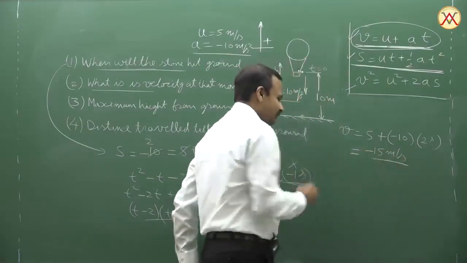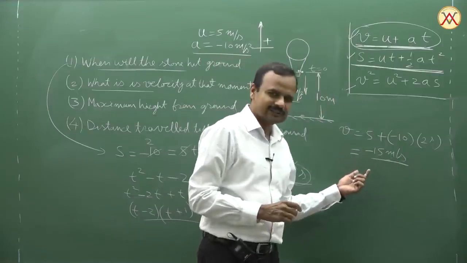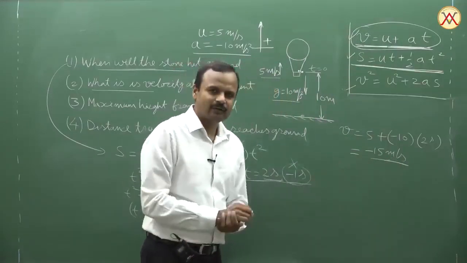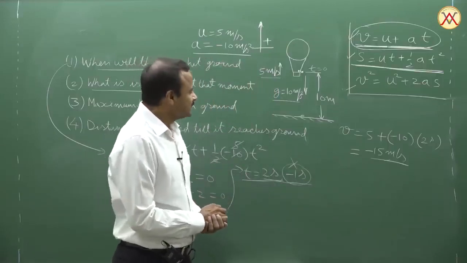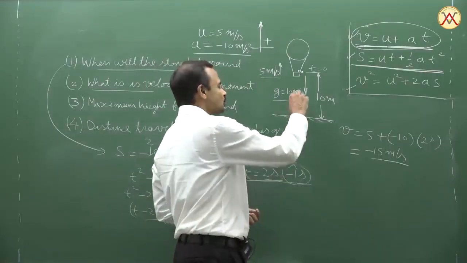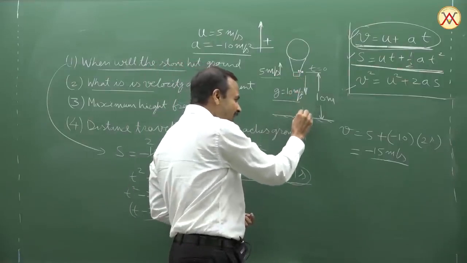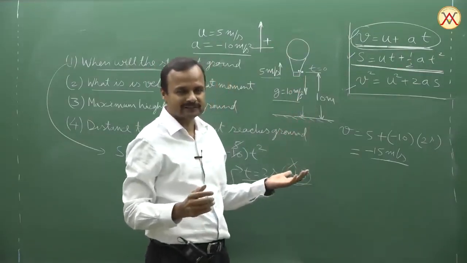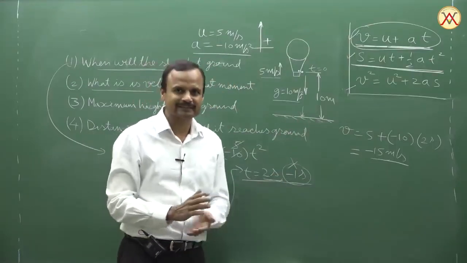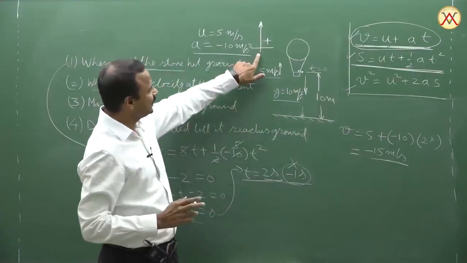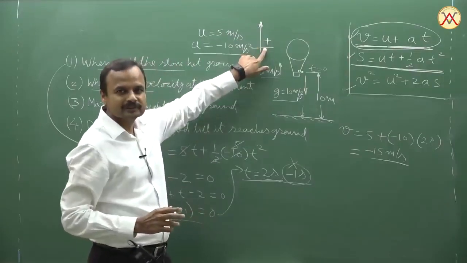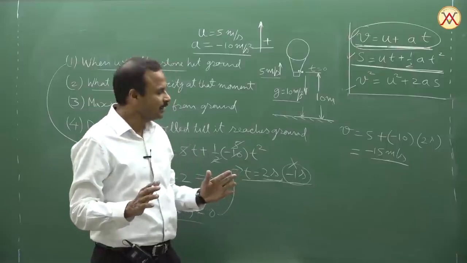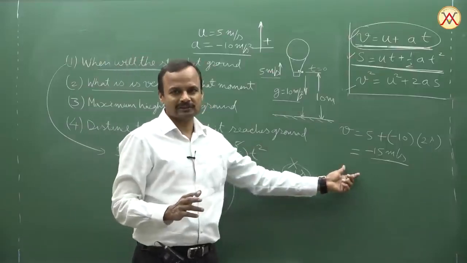We are getting a negative value for velocity. Is it all right to get a negative value of velocity here? The stone is moving downwards when it hits the ground, isn't it? It's quite obvious that the stone must be moving downwards when it hits the ground. We have taken upward as positive, so obviously we should get a negative sign for velocity.